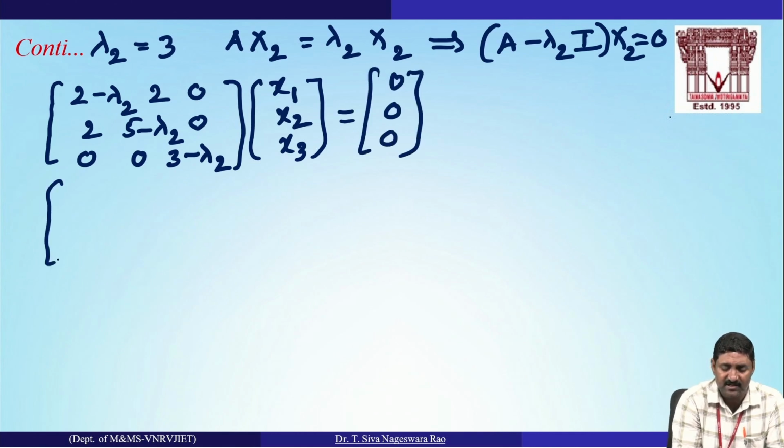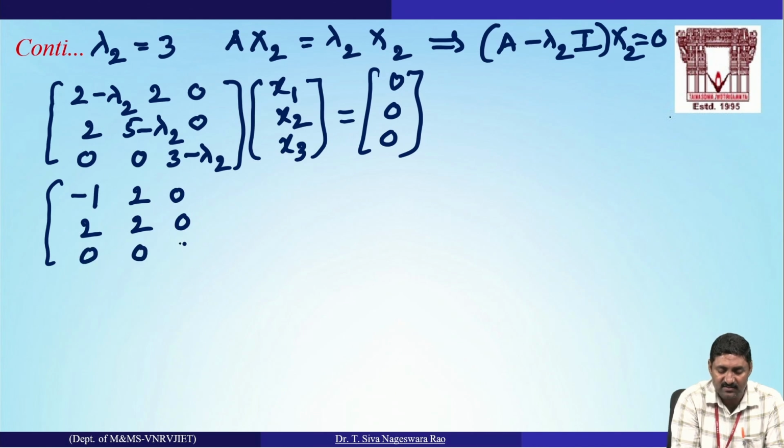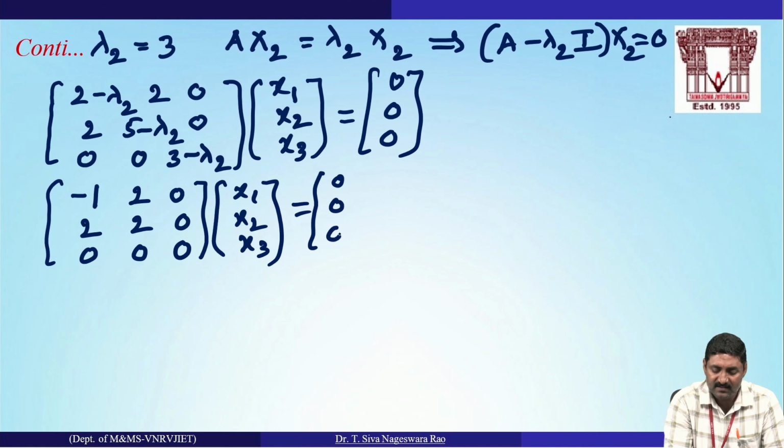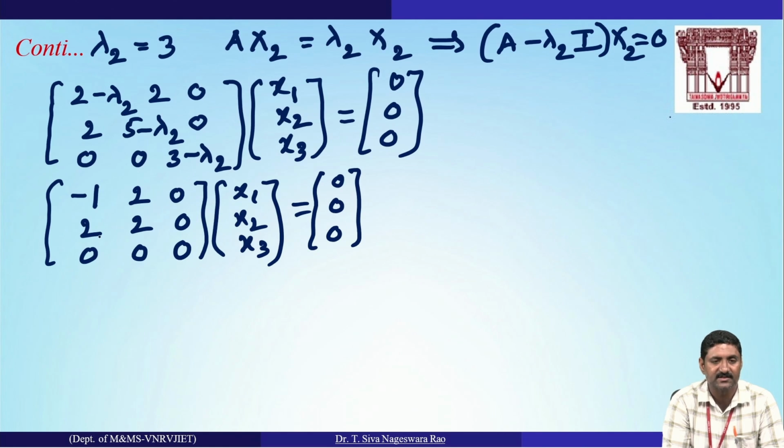Now substitute lambda 2 as 3 here: minus 1, 2, 0, 2, 2, 0, 0, 0, 0, times x1, x2, x3. The coefficient matrix of x1, x2, x3 is minus 1, 2, 0, 2, 2, 0, 0, 0, 0.